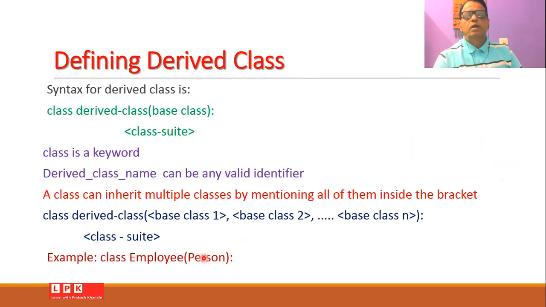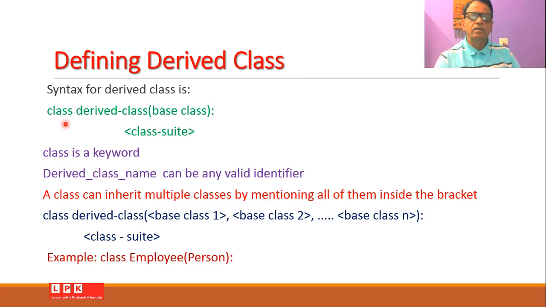Now let us understand the syntax of derived classes, or how to obtain a derived class from a base class. This is the biggest advantage of Python, that the syntax is very simple. Whenever I want to obtain a derived class, the syntax is written like this.